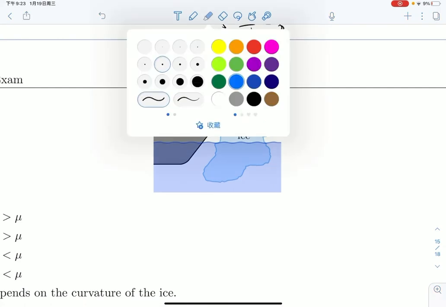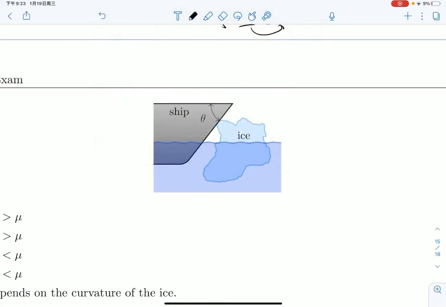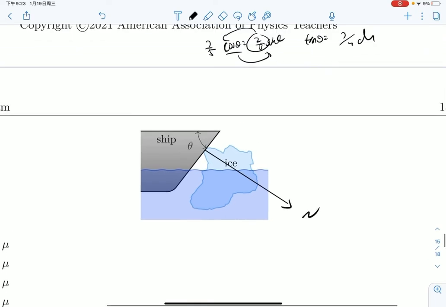So first, you'll have a normal force acting in this direction. And the ice also experiences a friction force in that direction.